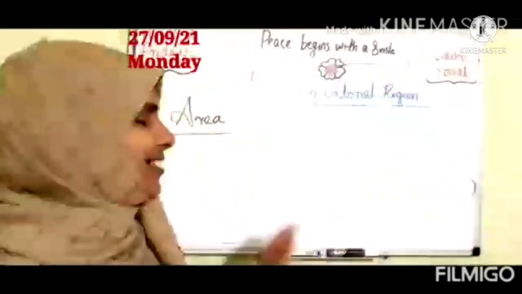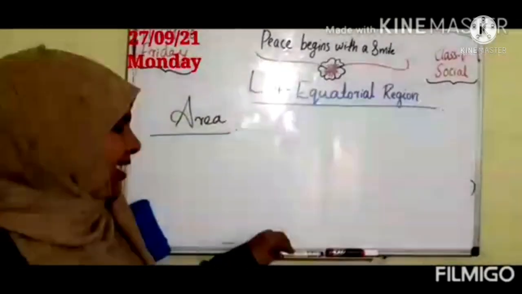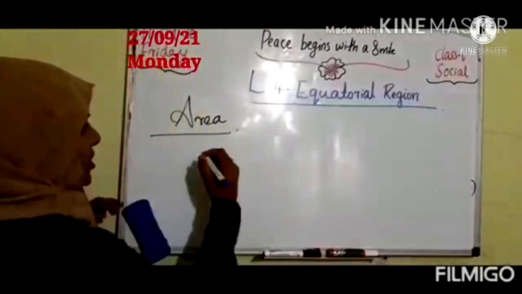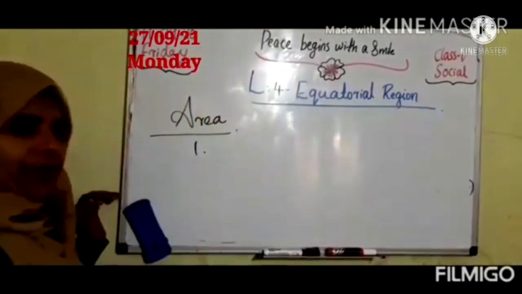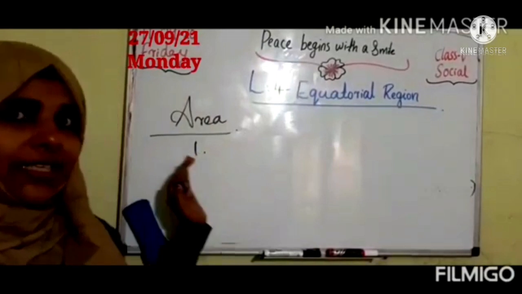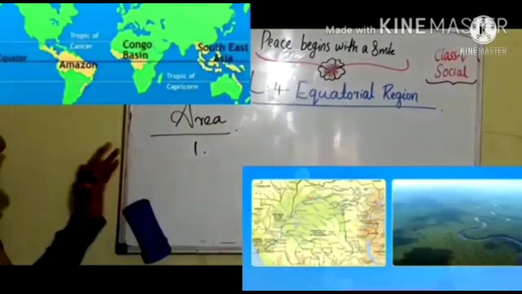Okay. Now we can discuss what the different areas present in the equatorial region are. When we check the map, we know that in the equatorial region, what are the main areas located?